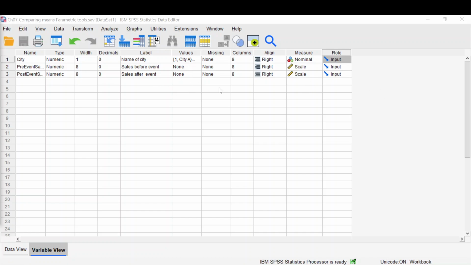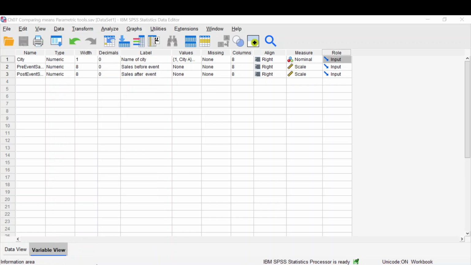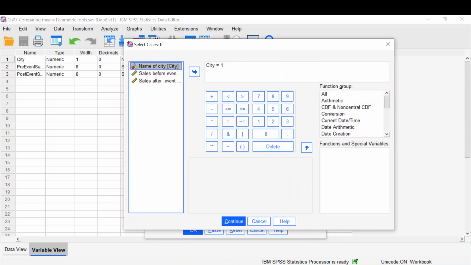And the reason I want to start is because I want to show you something important before you switch from a paired samples t-test where you may have selected certain cases. So if I go here to data and I go to select cases, you might notice that if condition is satisfied, it's still selected. In other words, SPSS is still just referring to City 1 in our analysis.